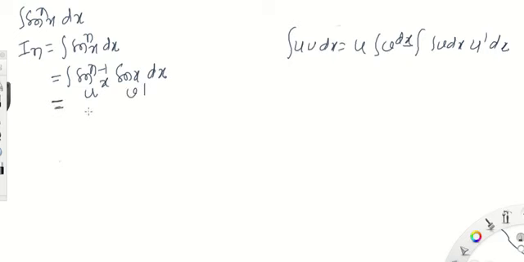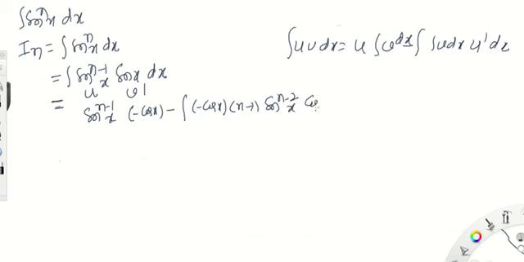That is u, which is sine to the power of n minus 1 x, into the integration of sin x, which is minus cos x, minus the integration of v, that is minus cos x, into the differentiation of sine to the power of n minus 1 x, which can be written as n minus 1 into sine to the power of n minus 2 x into the differentiation of sin x, which is cos x, dx.